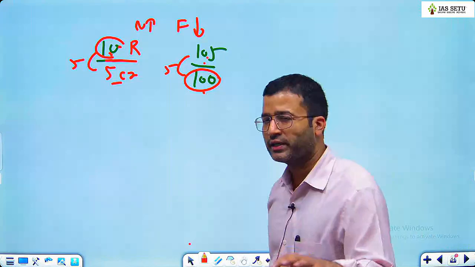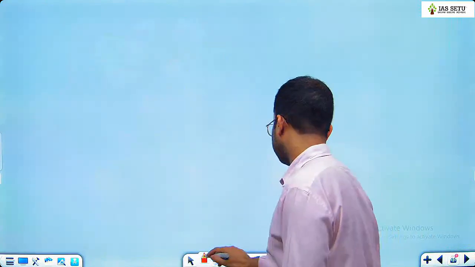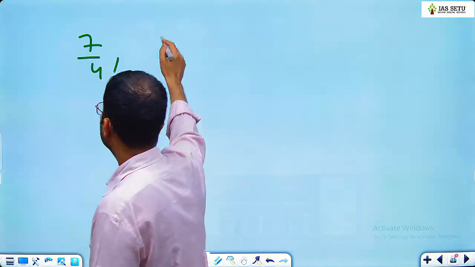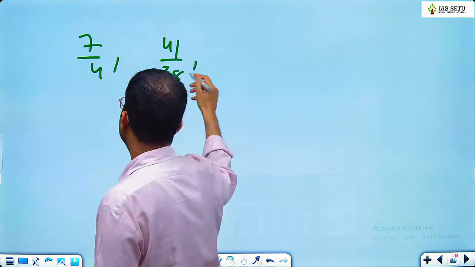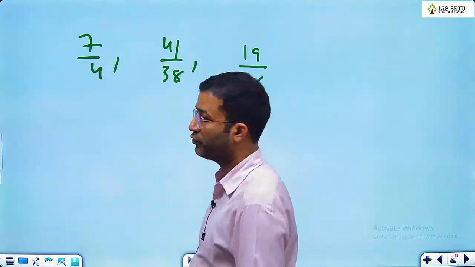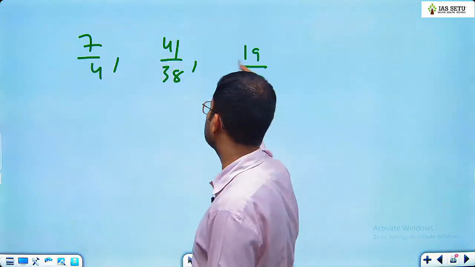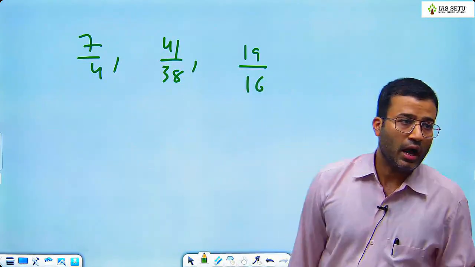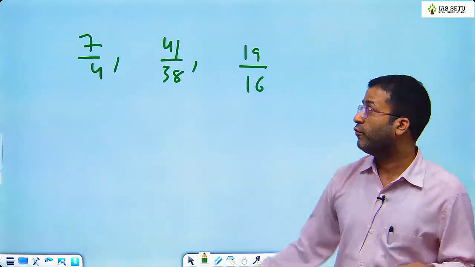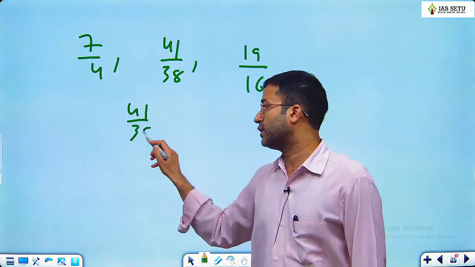Let me take 2-3 examples, then the mind will train a little. 7 by 4, 41 by 38, okay, 19 by 16. First we check the difference: 3, 3, 3. Out of these 3 fractions, tell me which one is the smallest? 41 by 38.